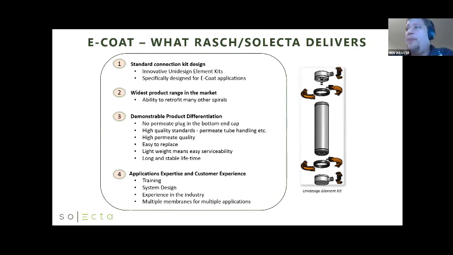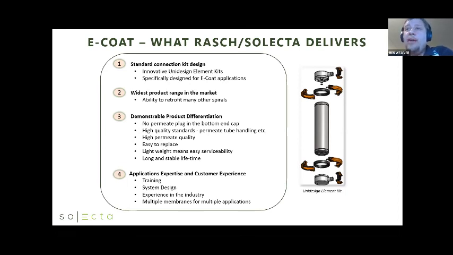We try to make things as easy as possible on the client and eliminate any potential defects or hardships. On the unit design, we don't have a permeate plug in the bottom end cap; instead we have a glued plug in the bottom. That eliminates some seals and makes it easier to install, as you only have to connect one adapter on the end cap. They're easy to replace, with a long and stable life.